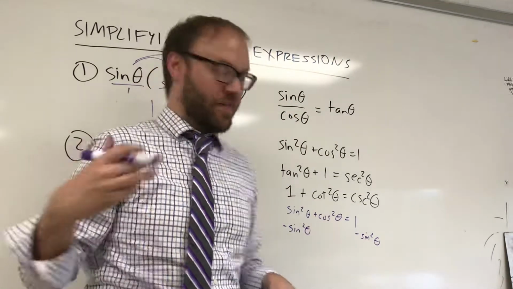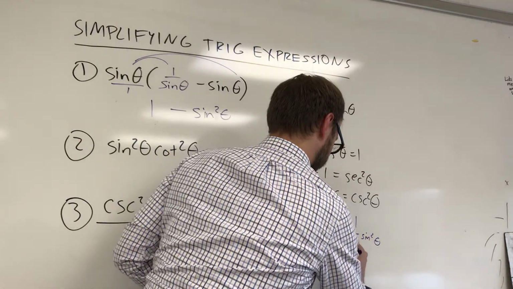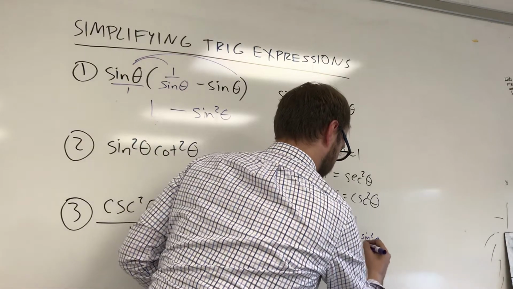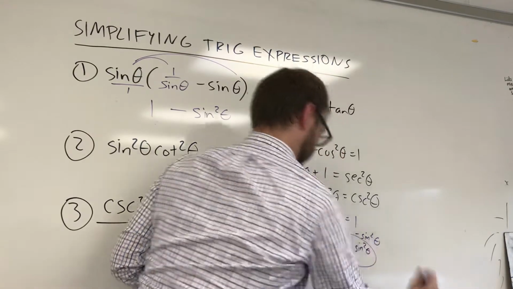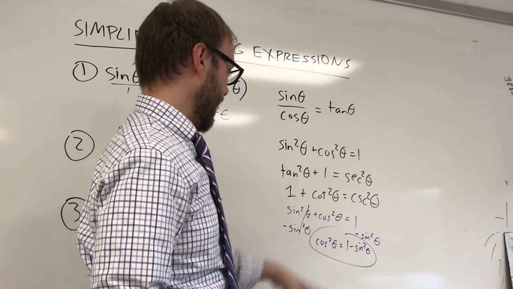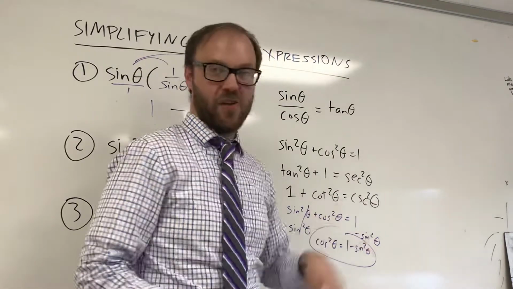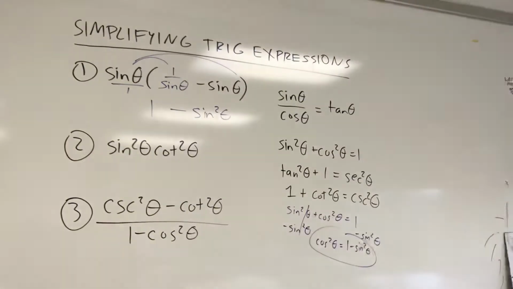But I can get an equivalent statement. So that's going to go away. I'm going to get that cosine squared of theta is the same thing as 1 minus sine squared of theta, okay? And by the way, the other version of this works too. If you subtract cosine squared from both sides, you'll find out that sine squared is equal to 1 minus cosine squared, okay? That's pretty important.